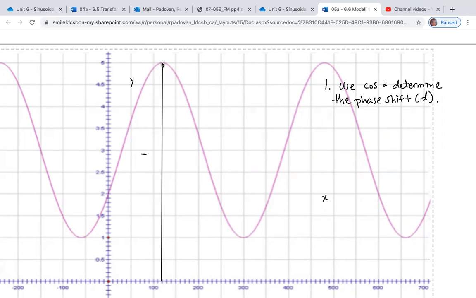This maximum is supposed to be along the y-axis, so I have been moved to the right like 120 degrees. If it's not degrees and it's just x, it's still shifted to the right 120 units, if you will.